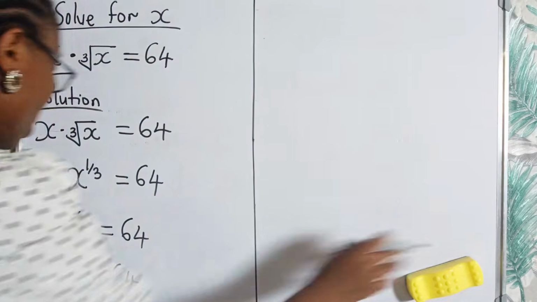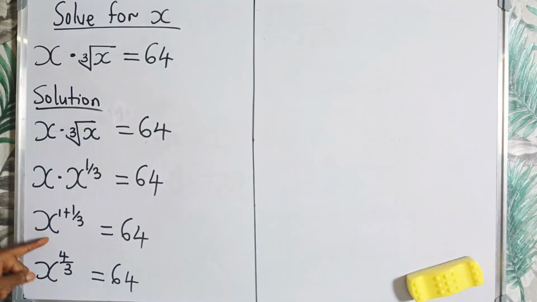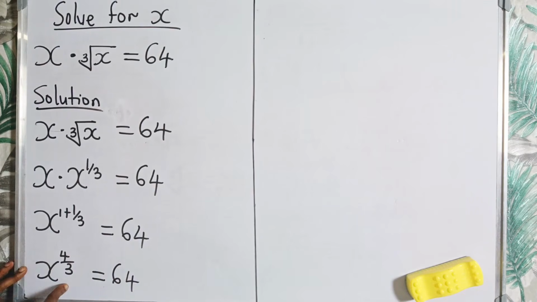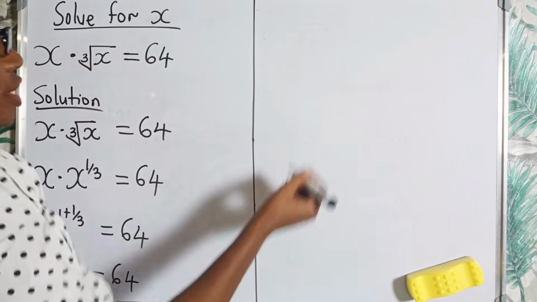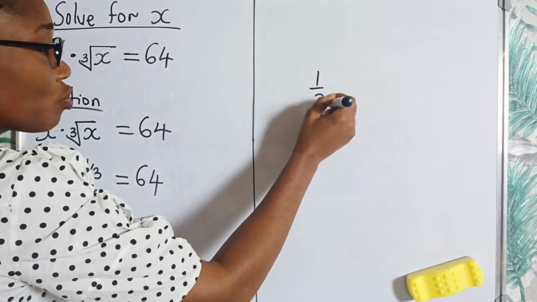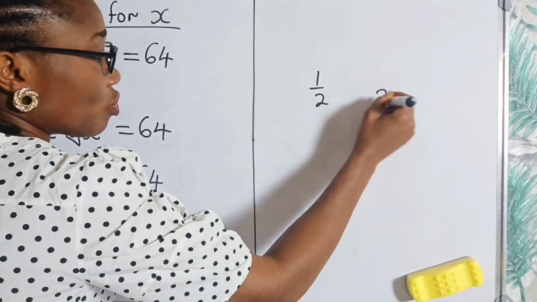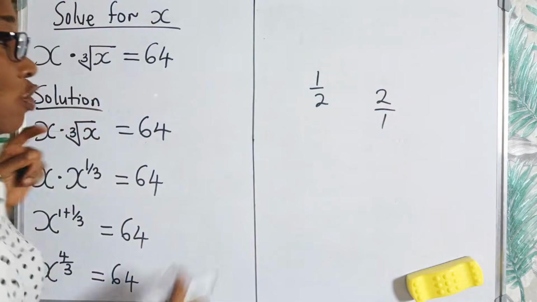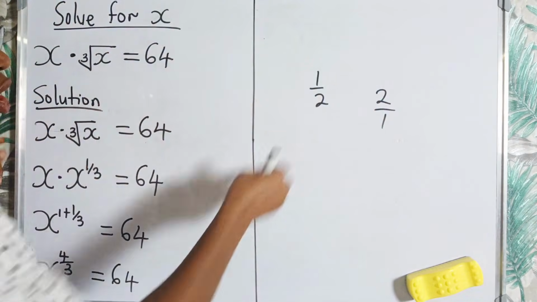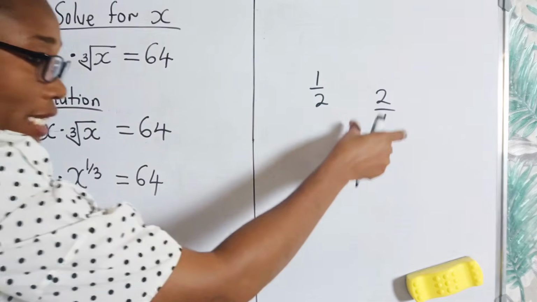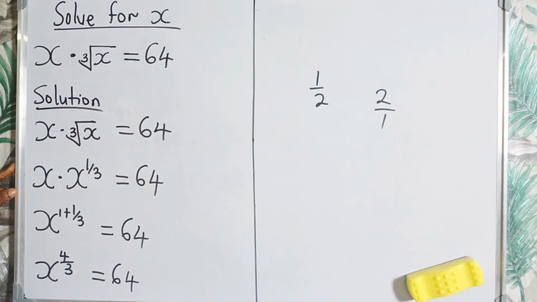All right, so the next thing to do is to clear the exponents. And how do we do that? We have to raise both sides of the equation to the reciprocal of 4 over 3. Now, what do I mean? The reciprocal of 1 over 2 is 2 over 1. When you take the inverse of a fraction, that is also called the reciprocal of that fraction.